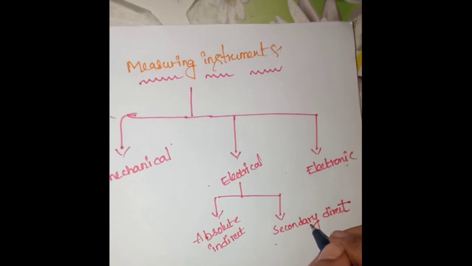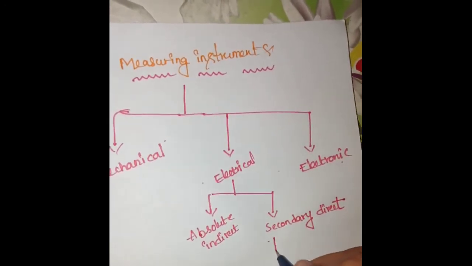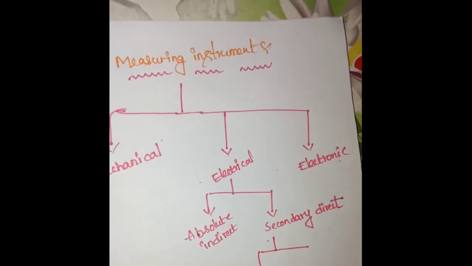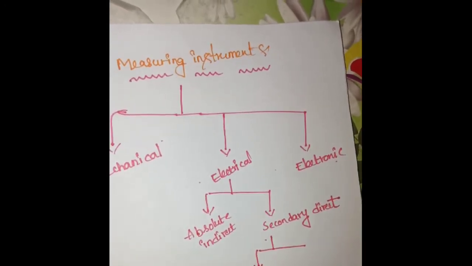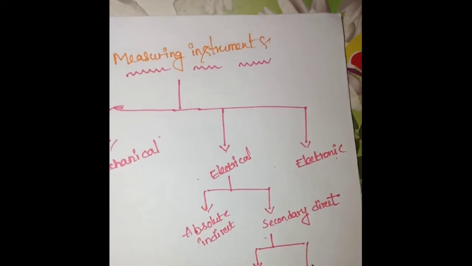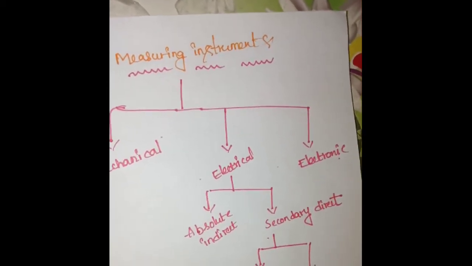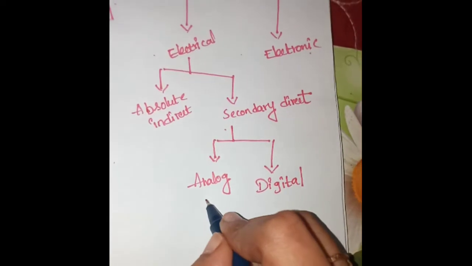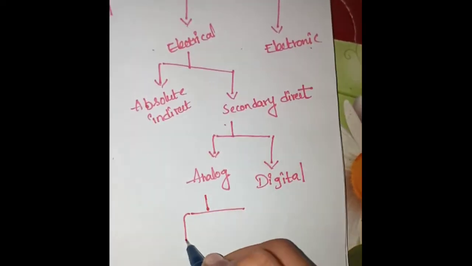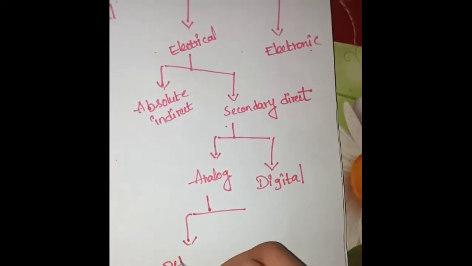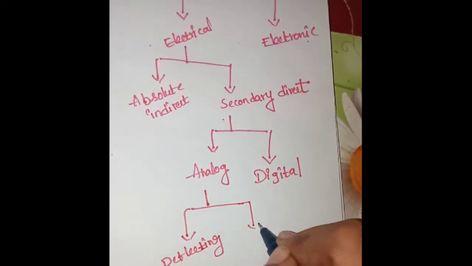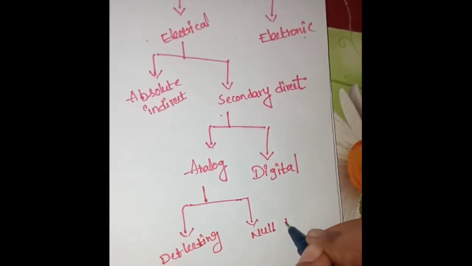These secondary direct are again classified into two categories: analog instruments and digital instruments. These analog instruments are again classified into two categories, namely deflecting instruments and null deflection.